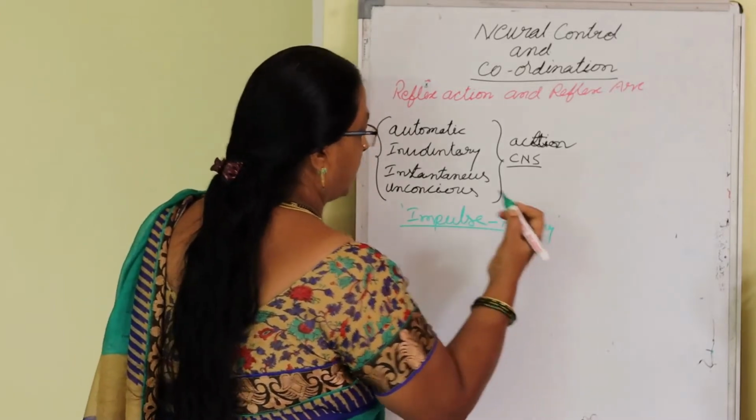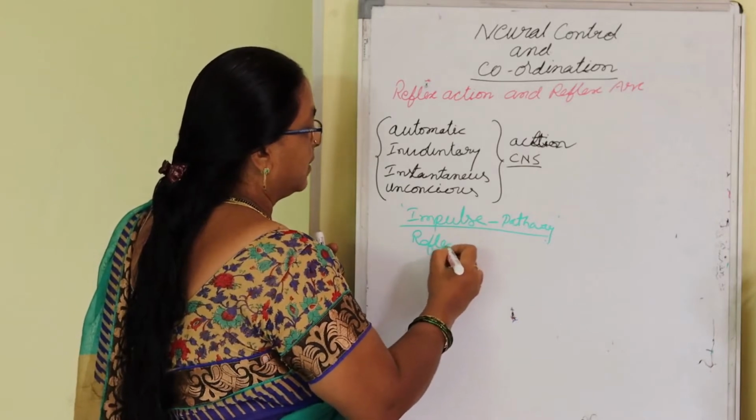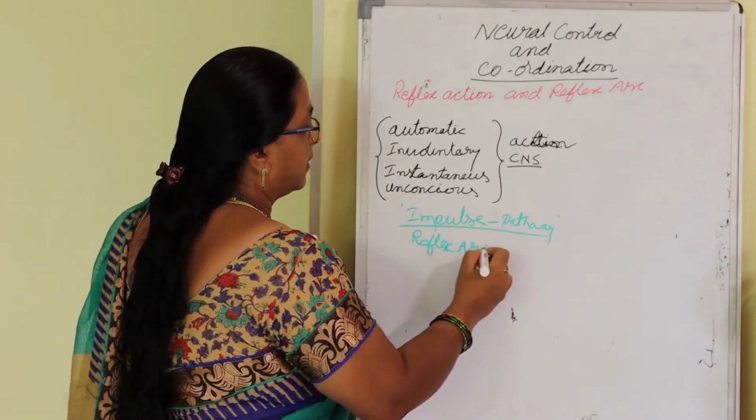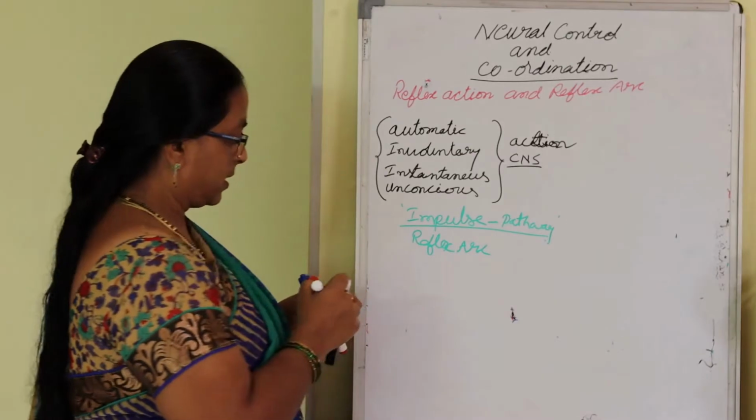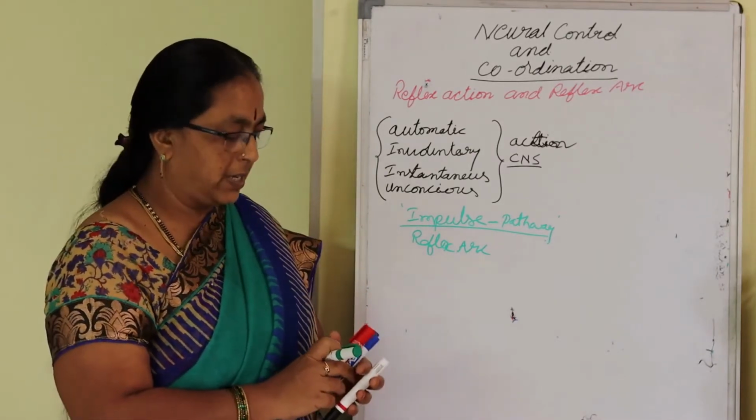That neuronal pathway is called the reflex arc. In this reflex arc, there are certain components that are very important.